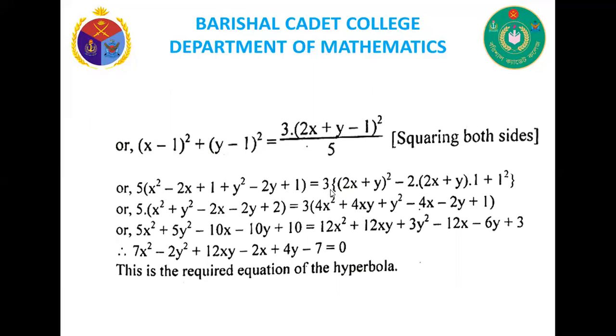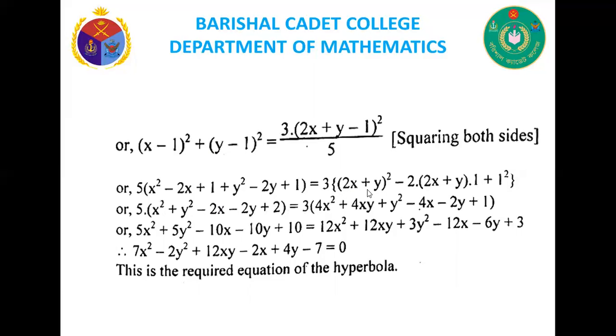This is equal to 3 into, applying the formula, first of all I have taken 2x plus y as a, and this is the b. Applying that formula, we get (2x plus y) whole square minus 2 into (2x plus y) plus 1 square. Then calculating this, easily we can write x square plus y square minus 2x minus 2y, and this 1 and 1 is 2, equal to 3.